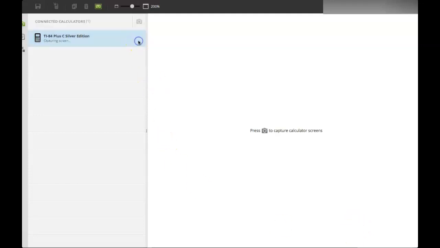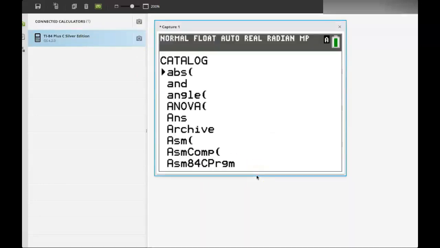Here is what we have. After pressing second, then 0, we have 0, 1, 2, 3. Pressing 0, on top of that you can see catalog. So here is catalog, and after that scroll down to find diagnostic. You should have this step to be able to graph, because if you don't, you may get an error.